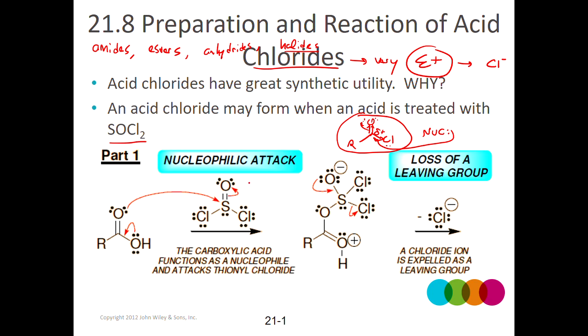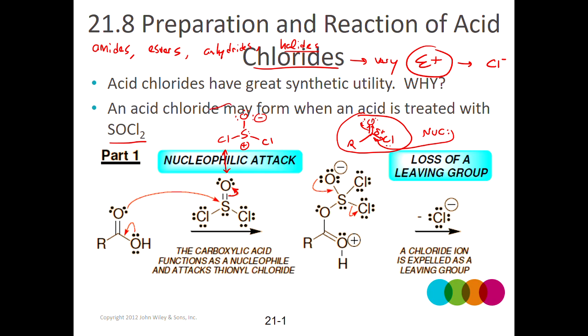So thionyl chloride has a sulfur atom with a huge amount of partial positive. And here, if we look at the sulfur atom, even before the oxygen attacks, there's a resonance contributor here where the sulfur has a single bond and a positive charge.